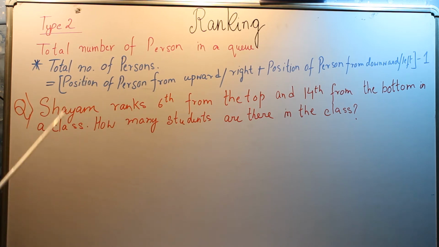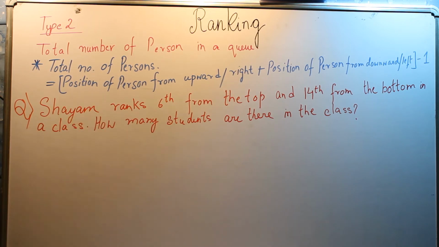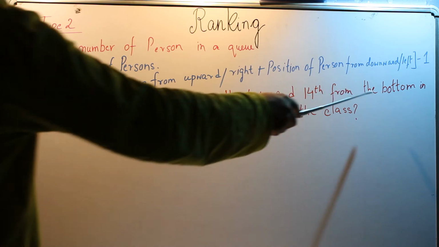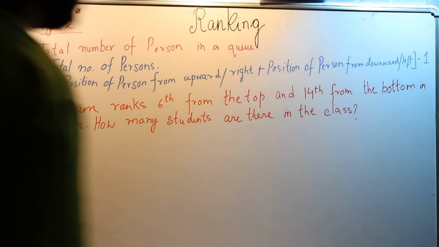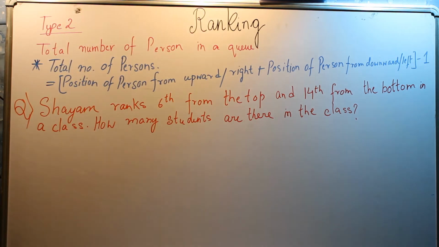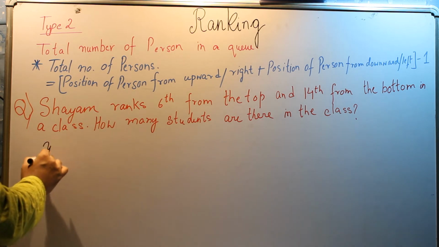It is given Sham ranks 6th from the top and 14th from the bottom in a class. How many students are there in the class?